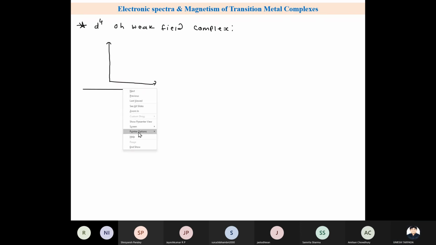Okay sir. In the case of the d4 system, d4 octahedral weak field complex, which term is there in d4 and d9?